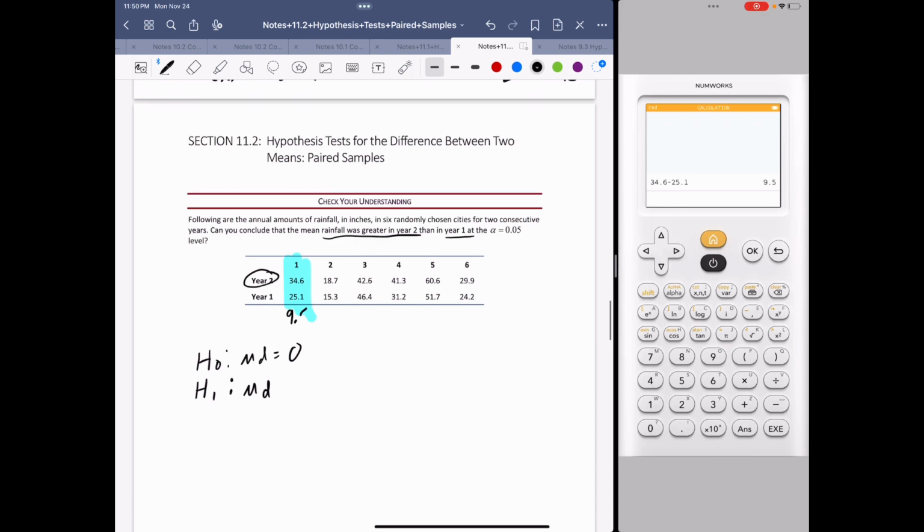I get a positive number because the rainfall was greater in year 2. If you went down the chart, every time it was greater in year 2, you got a positive number. So can you conclude that the mean is greater in year 2? I want to say mu of D is greater than 0, because that 9.5 is a positive number.